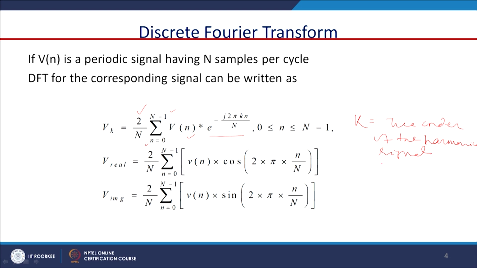The order of the harmonic signal present with the fundamental signal. So, as already discussed, in a power network we have the fundamental signal, and also we have harmonic signals.